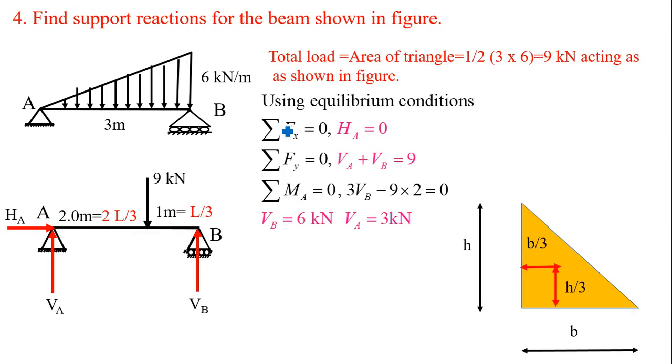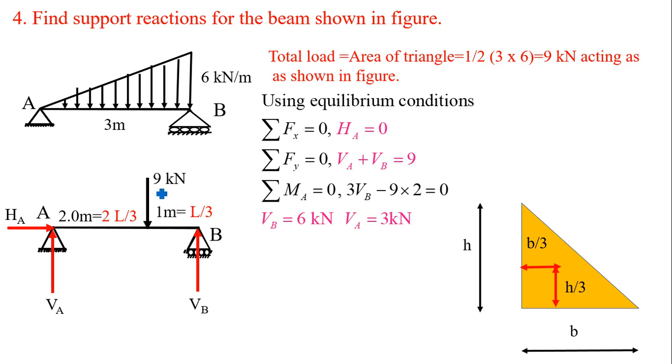Similarly, one more problem: find support reactions for the beam as shown in the figure. Here one beam is shown subjected to a triangular load. Again at A, hinge support, releasing it, 2 unknown reactions. At B, roller support, 1 unknown reaction. Now the triangular load is converted into an equivalent point load.